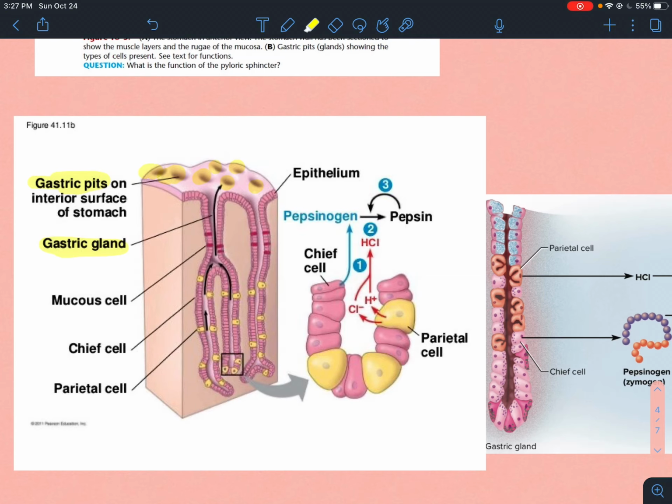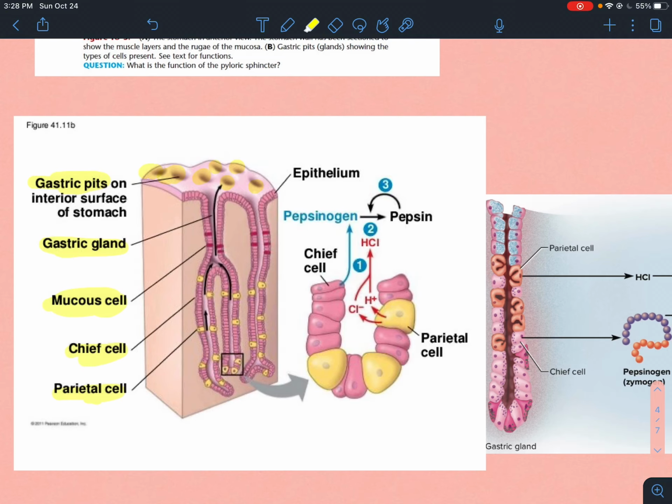And within those gastric glands, you have mucus cells towards the top. And below that, you have chief cells and parietal cells. Chief cells being in higher numbers, that's why they're called chief cells, and parietal cells being fewer and in between.